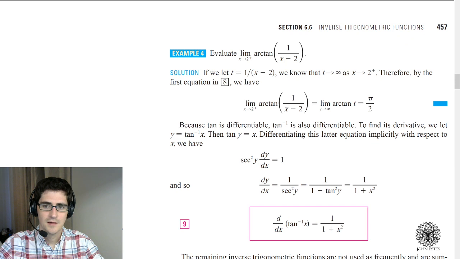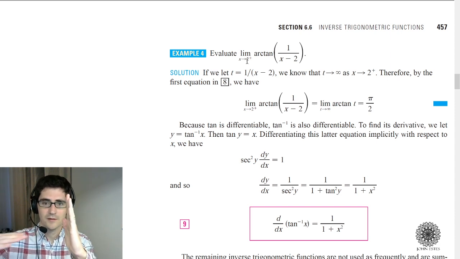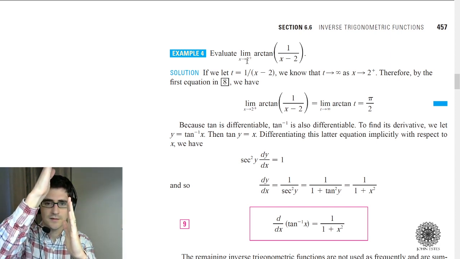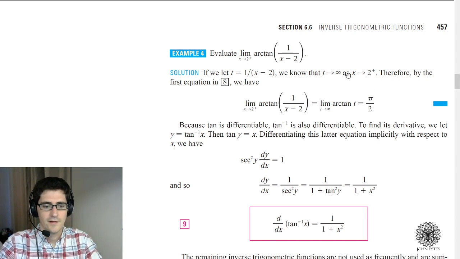Okay, so now, looking back at this, if t is 1 over x minus 2, then as x approaches 2 from the right, what did we just see? You have a vertical asymptote, and your graph is going up like this. As x is approaching 2 from the right, this function t is going to infinity.